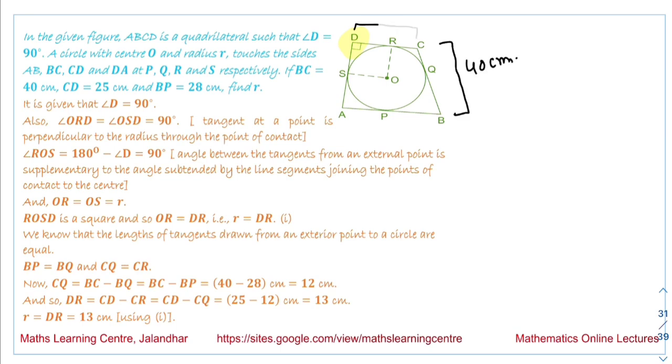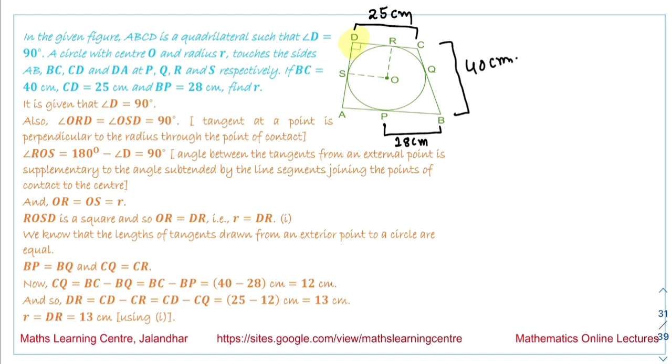The length of CD is given to be 25 centimeter, and the length of BP is given to be 28 centimeter. We have to find the radius of the circle.